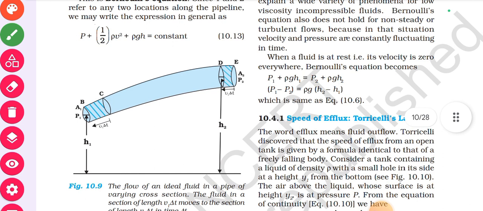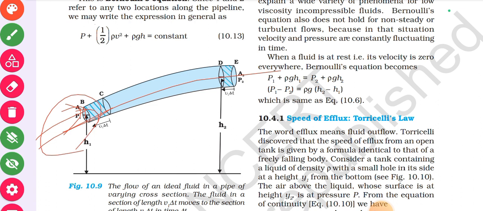The pressure per unit volume plus kinetic energy per unit volume plus potential energy per unit volume will always be constant. Pressure energy is basically, for moving this fluid upward we have to apply certain pressure, certain force; that will be the pressure energy per unit volume. We'll take it per unit volume.